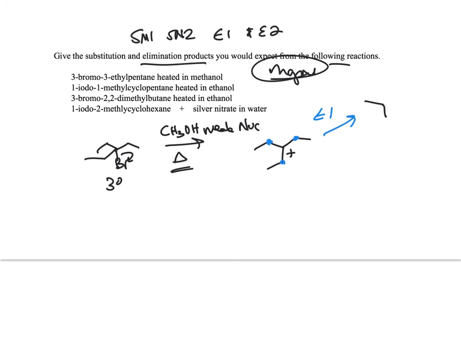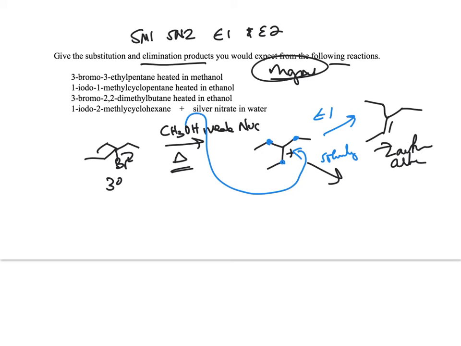You can take it from either one of these and you get the same product. That's a tri-substituted Zaitsev's rule alkene as your product, or you can get substitution here, and if you get substitution, the methanol will act doing a solvolysis, and it will eventually go in there and you'll get this.